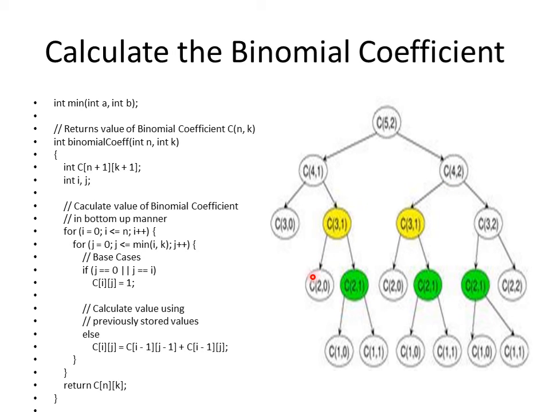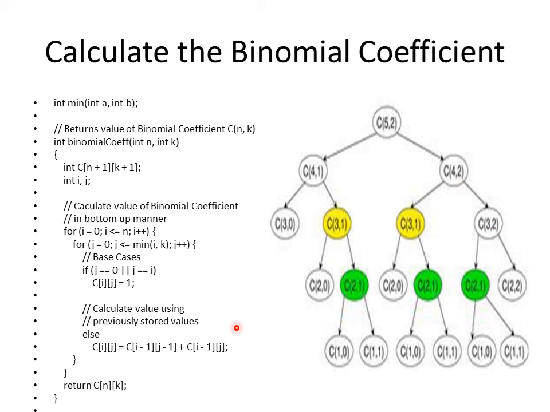Similarly, what is done on the left-hand side is done on the right-hand side also. Take C of 4, 2: 4 minus 1 is 3, 2 minus 1 is 1, and 4 minus 1 is 3 with 2 as it is.